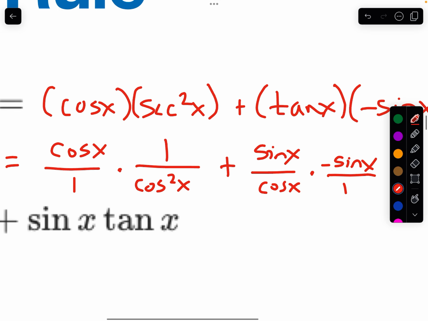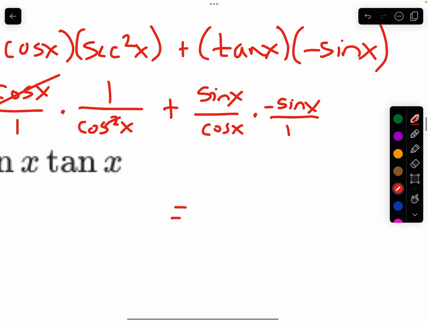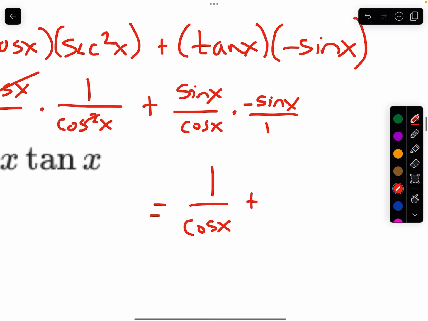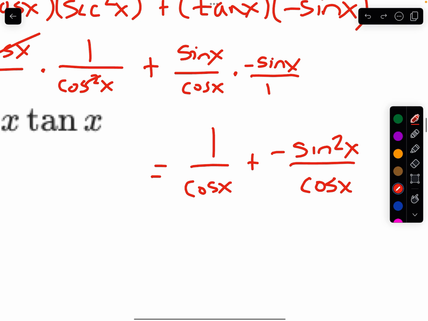Now this power of cosine here will cancel one of those powers of cosine there. So just scooting down now, we've got 1 over cosine plus, this would then be, I guess, negative sine squared over cosine if you multiply these two together. We have a common denominator, so we could write this as a single fraction now.